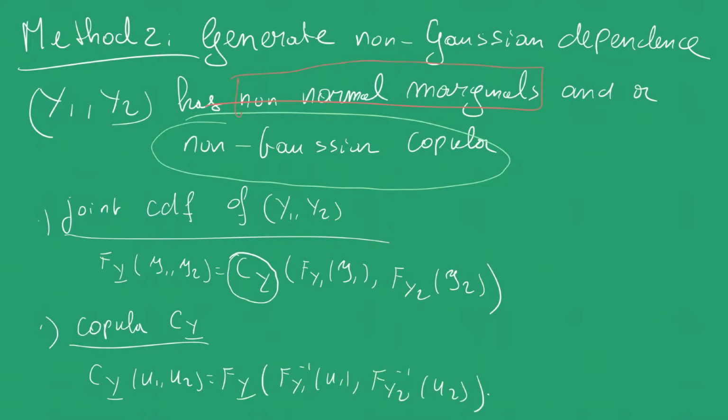So in the next slides, I will use these two formulas to show you how I can transform the random vector y1, y2 into a new random vector x1, x2, where x1, x2 has the correct normal marginals, but we keep this non-Gaussian copula Cy.